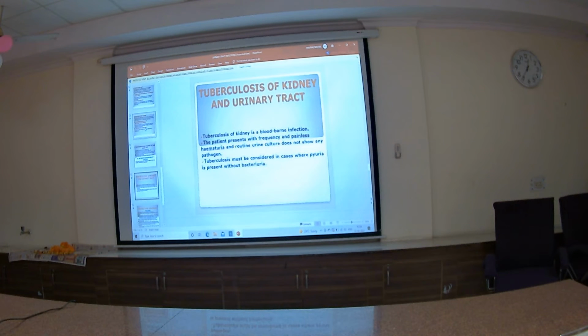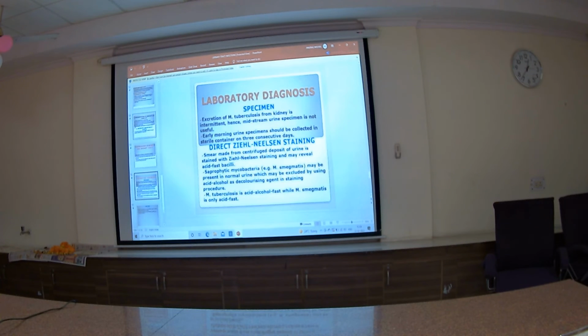Lab diagnosis is done by collection of early morning urine sample in a sterile container for 3 consecutive days.